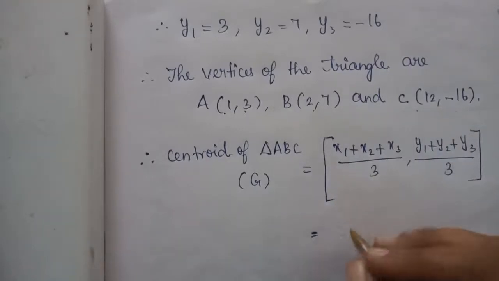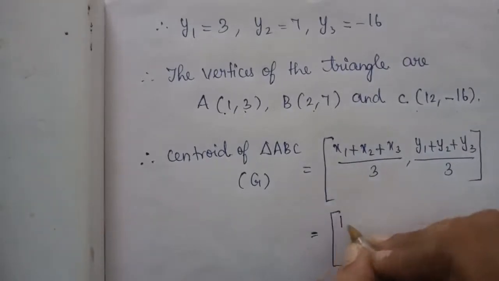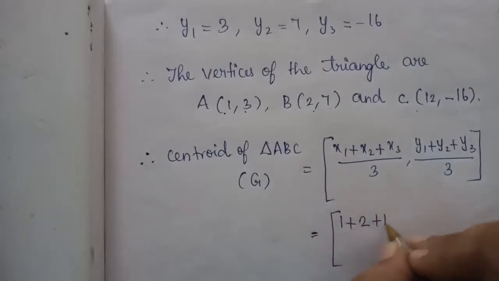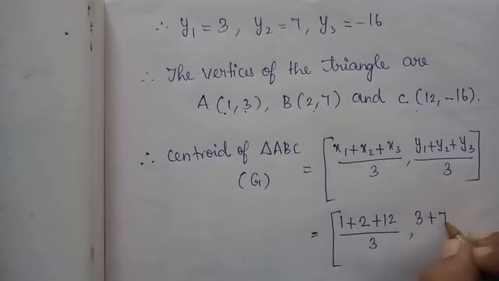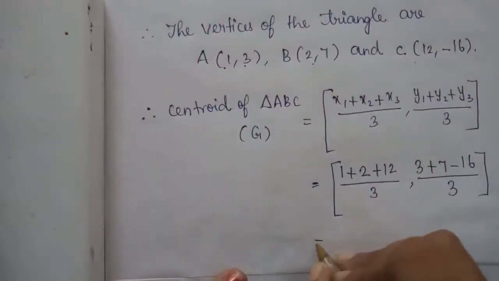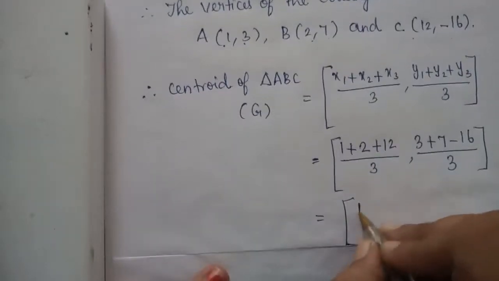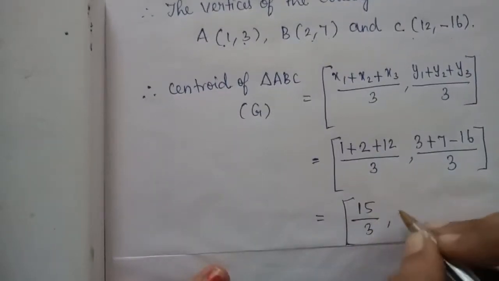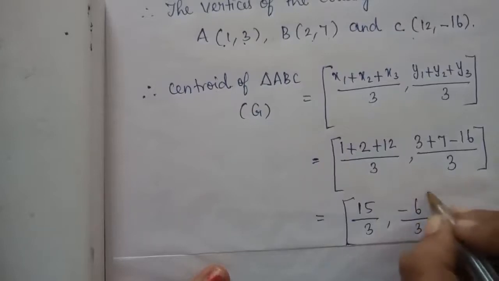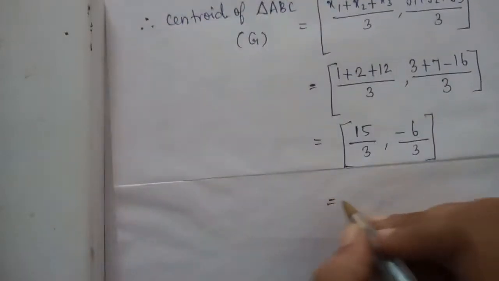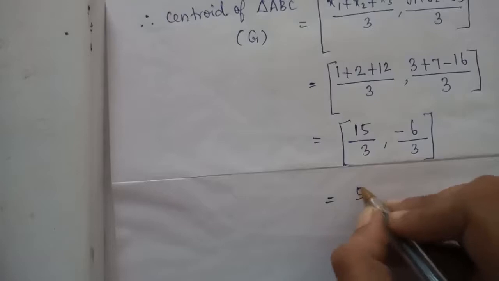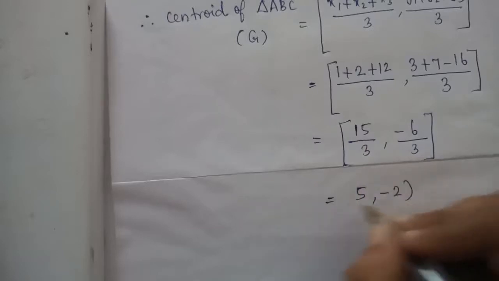So substitute those values in the formula. You get 1 plus 2 plus 12 divided by 3, comma 3 plus 7 minus 16 divided by 3, which is equal to 15 divided by 3, comma minus 6 divided by 3, which is equal to 5, comma minus 2.